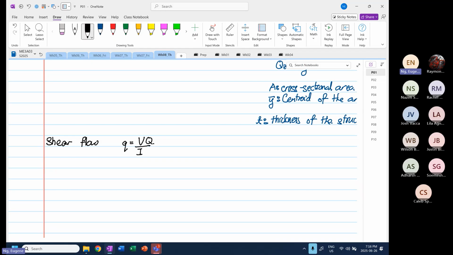And q represents our shear flow. Okay, represents our shear flow. And the units, okay, so the units is in Newton per meter. Why is that the case? Because if we look at units over here, right, the shear force is Newton. The first moment of area is meter cube.